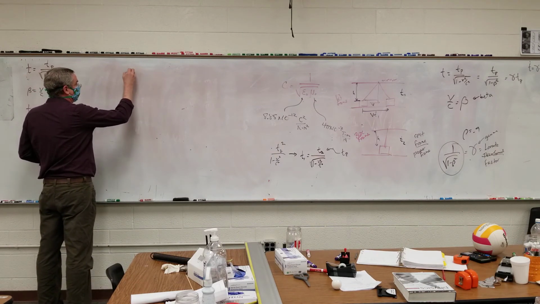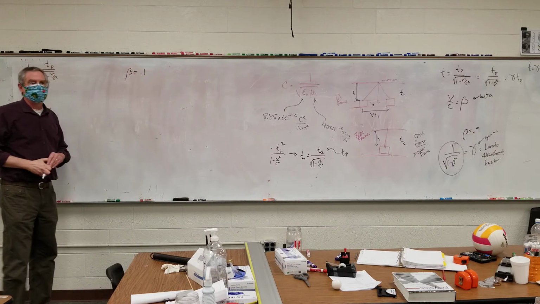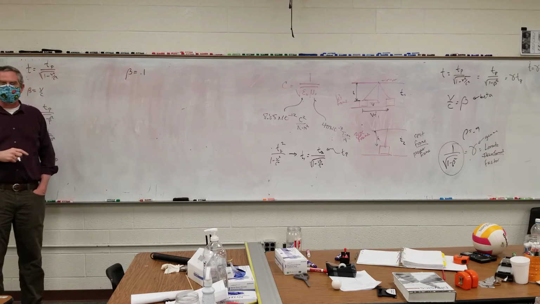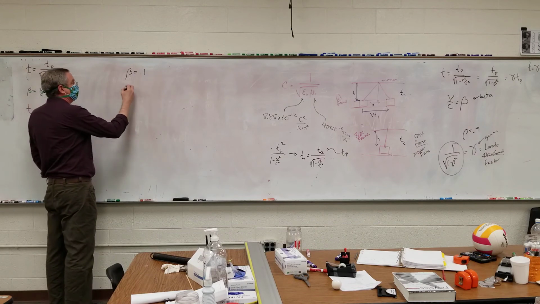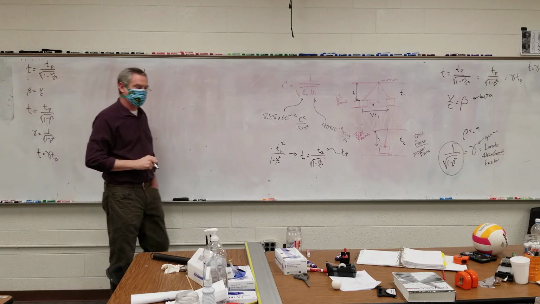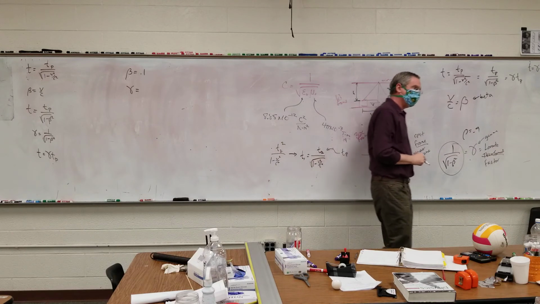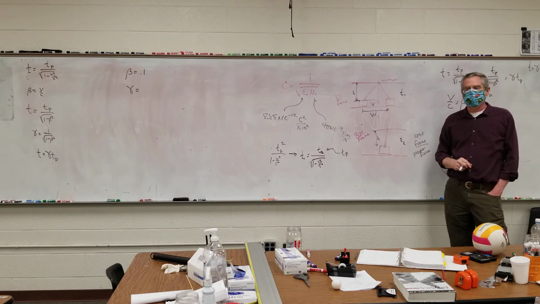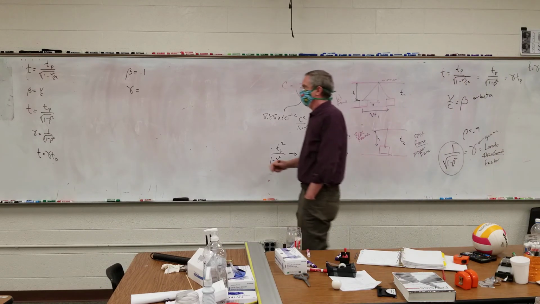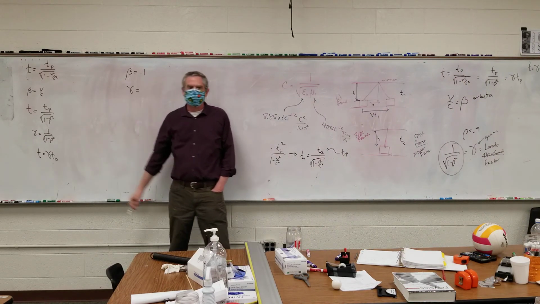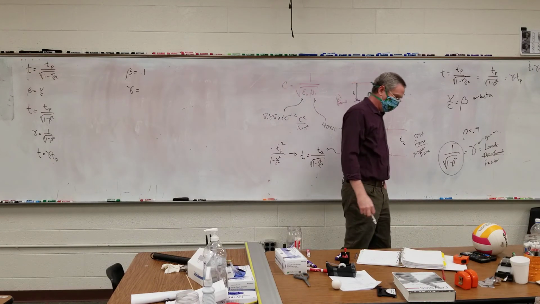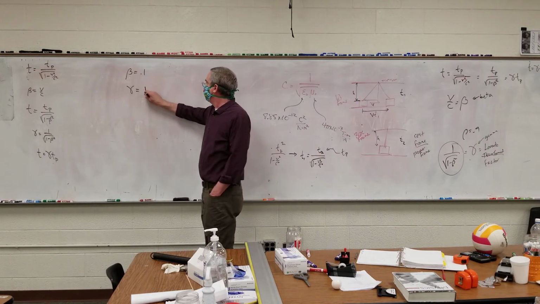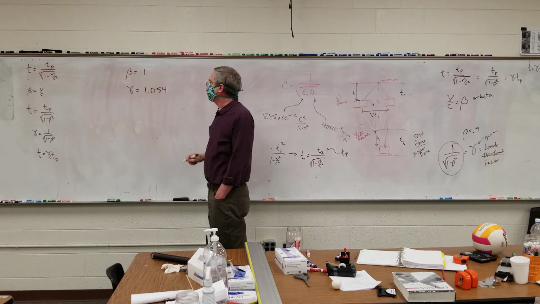So if beta is 0.1, so going 10% the speed of light, what is gamma? We'll look at this formula. 1.054 approximately.